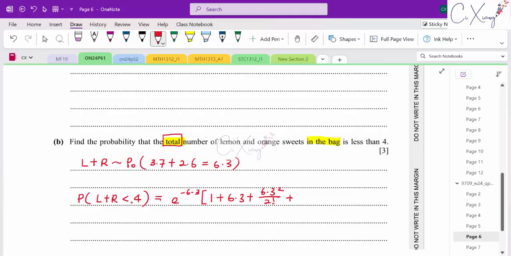Then x equals 3 will be lambda to the power 3 divided by 3 factorial. So from here, again use a calculator to help you. Correct to 3 significant figures, your answer should be 0.126.